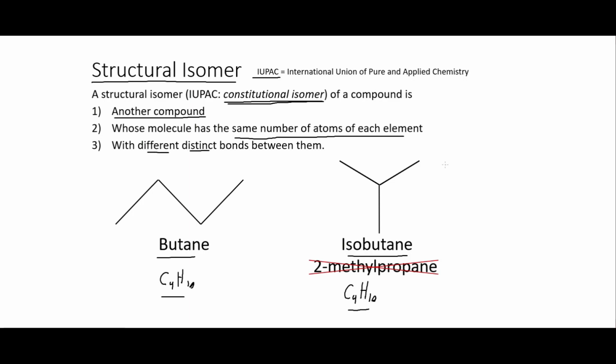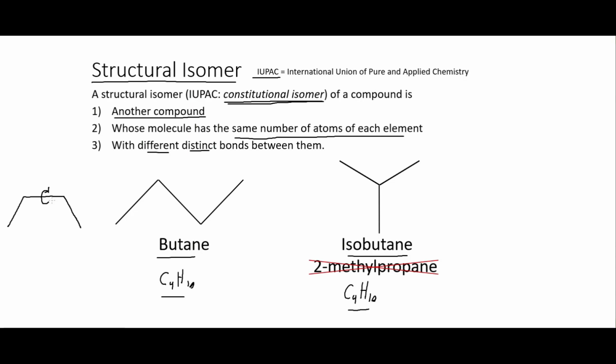It would also be a legitimate way to draw the butane like this, and we'll get to that when we get to the stereoisomers. But in this, we have just rotated around that bond there, so we're not actually changing what anything is bound to. That is not a structural isomer.